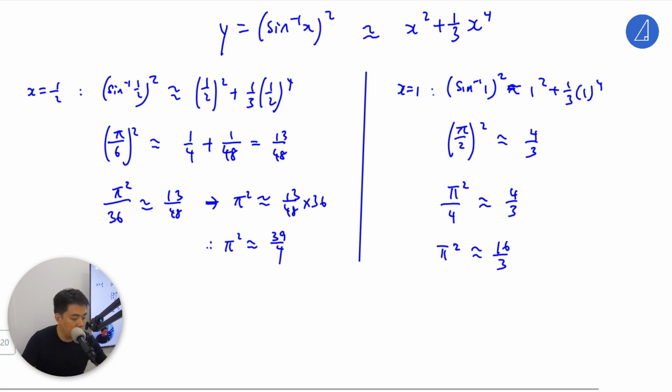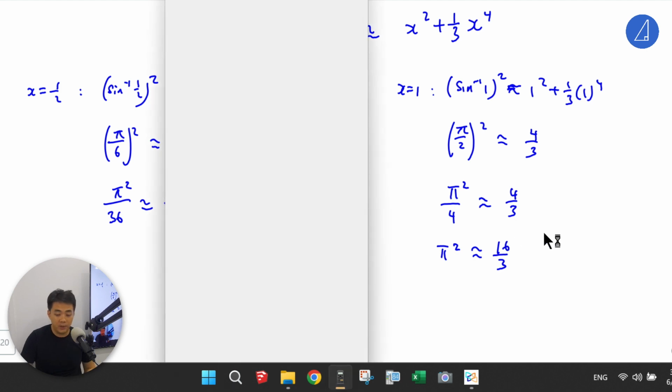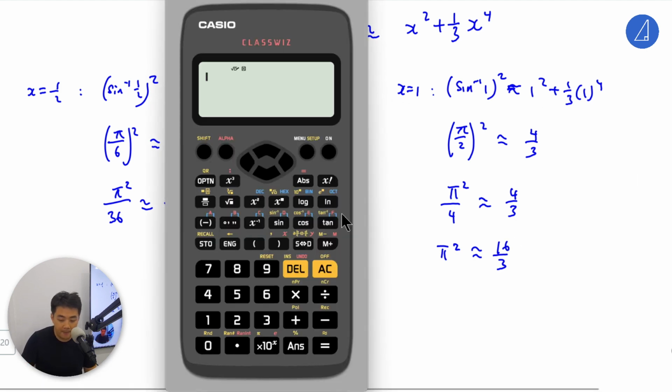Okay, so you see, essentially, what we get here is two approximations. If you use x equals to 1, pi square is this exact value here, 9.8969.